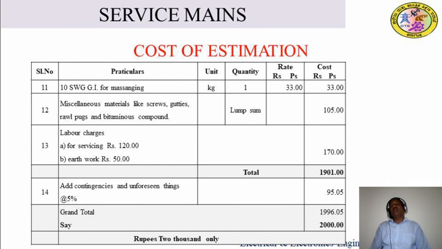Quantity column, what quantity you have calculated, then rate and cost. So one by one you have to go and put all the materials in the particular columns. Correspondingly you have to put in front of units, meter, kg, or it may be dozen. What you have calculated quantity you put in, and in front of it put the price rate of each unit in the market and multiply by that quantity and you get the cost.